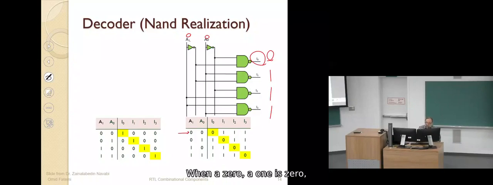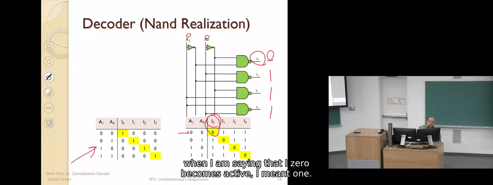When A0, A1 is 0, then I0 will get 0, the rest gets 1. So it's some kind of decoding. You know that I0 is active, and by active here, I mean 0. In our previous design, when I was saying that I0 becomes active, I meant 1.